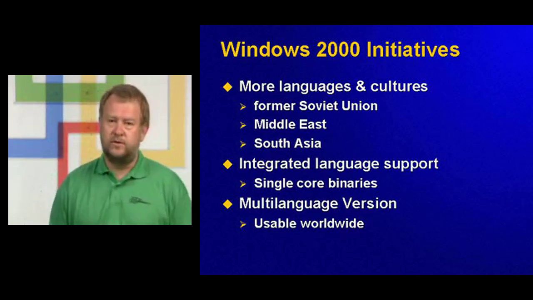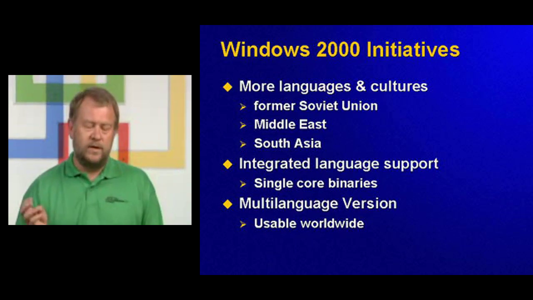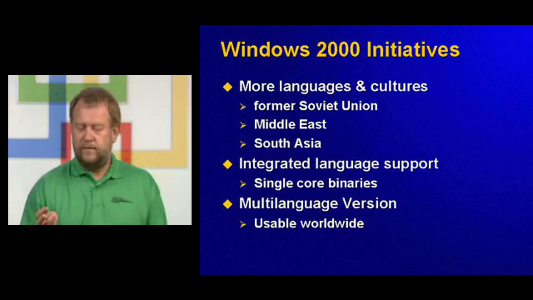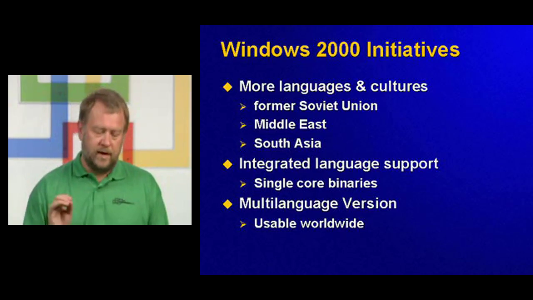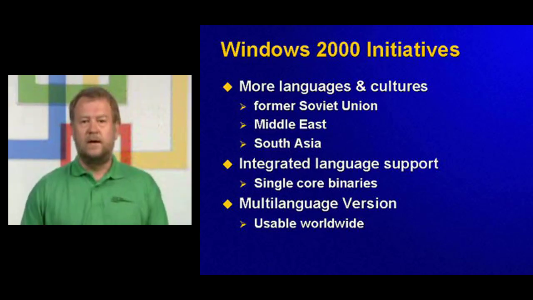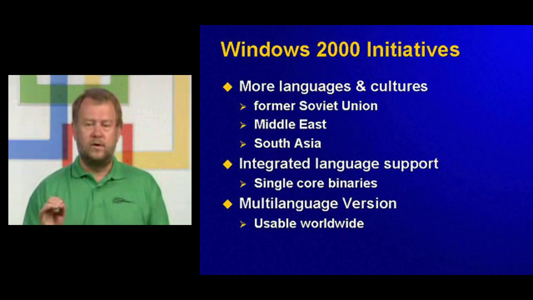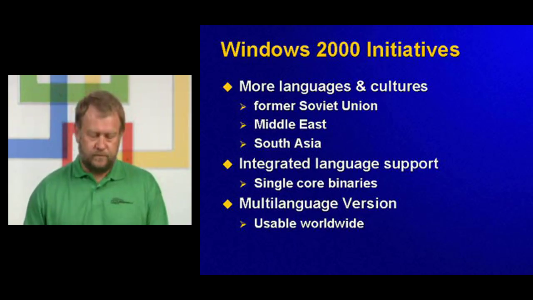We have, as I mentioned earlier, support for Arabic and Hebrew, and support for Indian languages: the Devanagari script, which covers Hindi, Marathi, Konkani, and Sanskrit, as well as the Tamil script. So we've added lots of support for these complex scripts, and also we've added support for the associated locales, so you can have the proper calendar support, date and time format, and currency support, and so on.